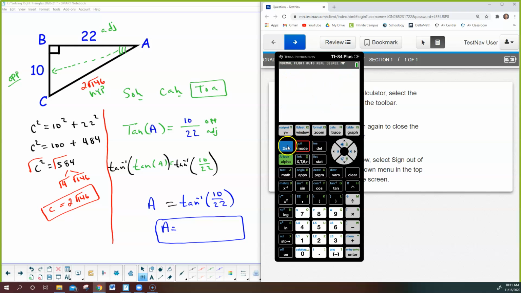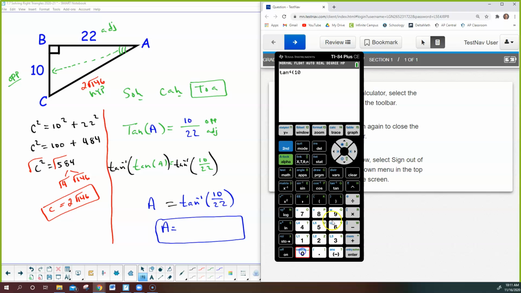All right, so then I'm just going to go second, quit, and I go to a blank screen. So now the question is, how do I get this inverse function? Well, it's right above the original tan button. So you're going to have to hit second to activate the blue piece, which is tangent inverse. See that -1? That's our symbol for inverse.